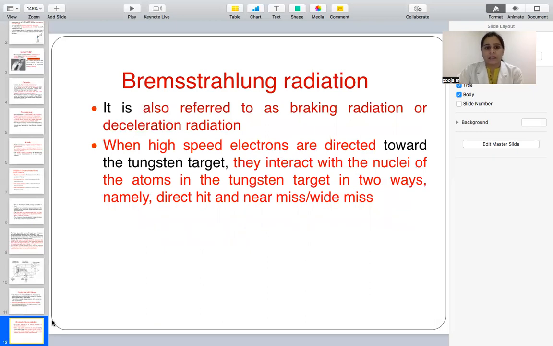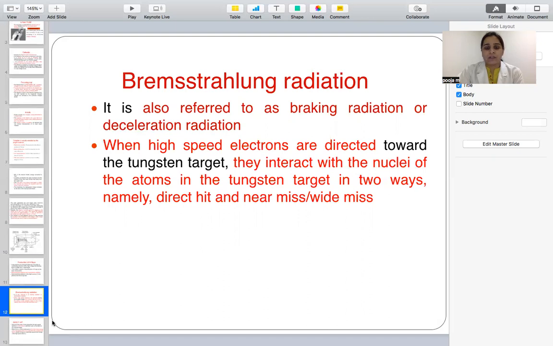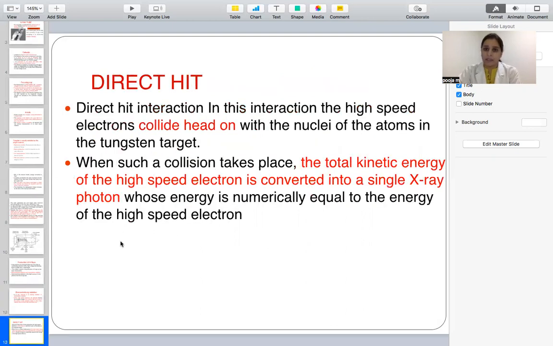What it says is, when high-speed electrons are produced, they go and hit the tungsten target, and they interact with the nuclei of the atoms of the tungsten target in two ways, that is by direct hit and by indirect hit. So what is a direct hit?